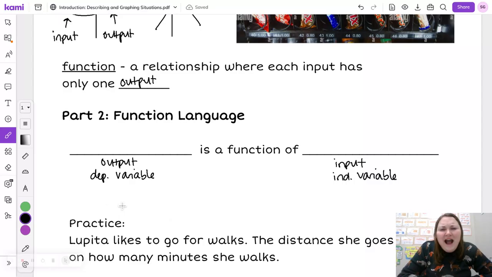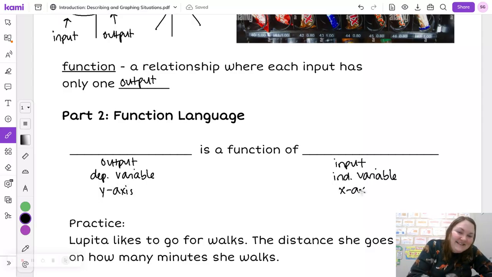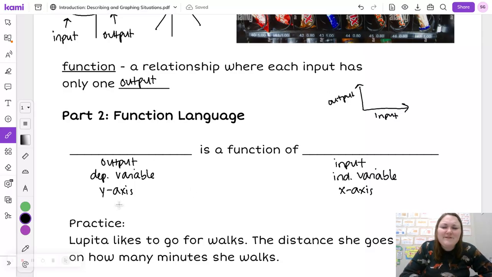If you're given a graph instead of a story, your output is always what you see on your y-axis, and your input is always what's on the x-axis of your graph. So you can think about it, if you had a graph, this is where the input would be, and this is always where the output would be. So there's a lot of different words you could use for those, output, dependent variable, that y value, but they always represent the same thing.